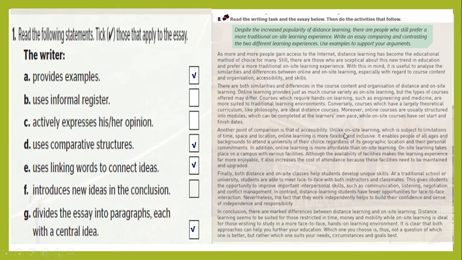As you see, how many paragraphs do we have? Can you count them? 1, 2, 3, 4, 5. And that's right, we have 5 paragraphs. Then our writer divided the essay into paragraphs. Each one has its own central idea, especially the main body paragraphs.